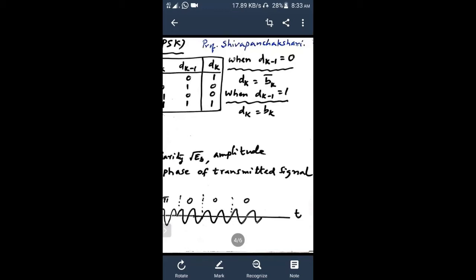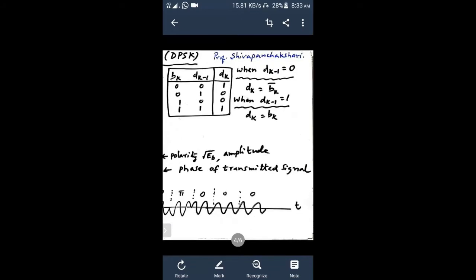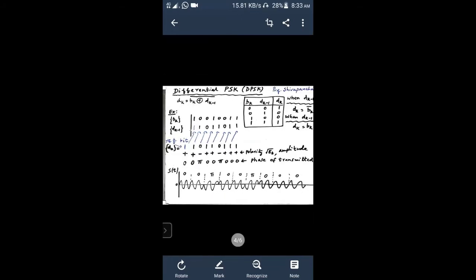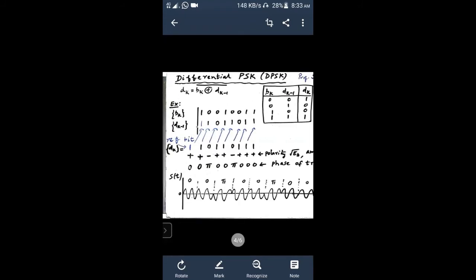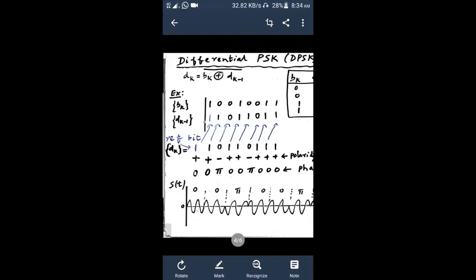When DK minus 1 is equal to 1, DK equals BK. The input and output remain the same. Right. So keep this concept. This is what XNOR is for us. Right. Okay. So that's what happens in our differential encoding. Using this property, I explained one example here.